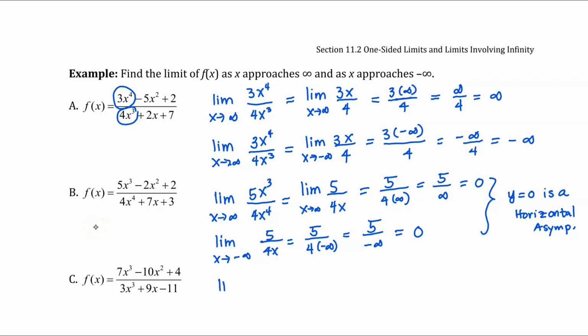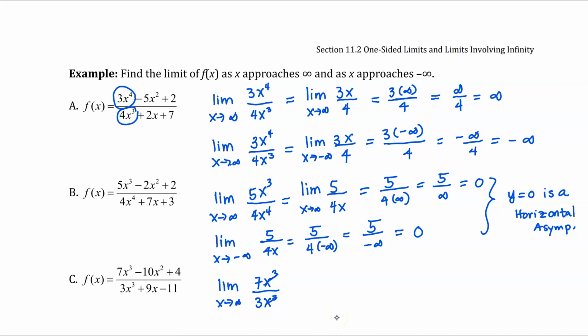Lastly, let's evaluate the limit of the function here as x approaches positive infinity. And we do that by taking the leading term in the numerator divided by the leading term in the denominator. Now, notice that the degree in the numerator is the same as the degree in the denominator.